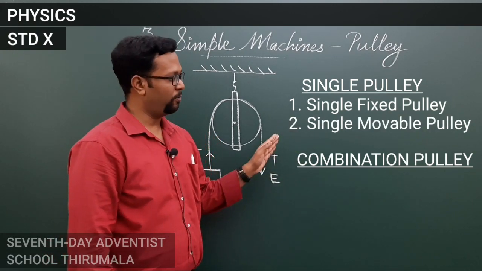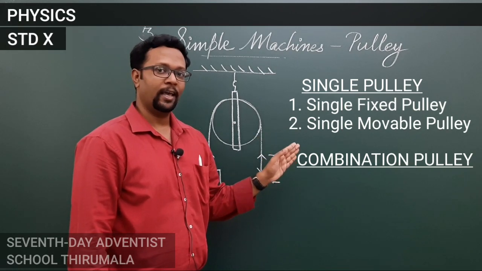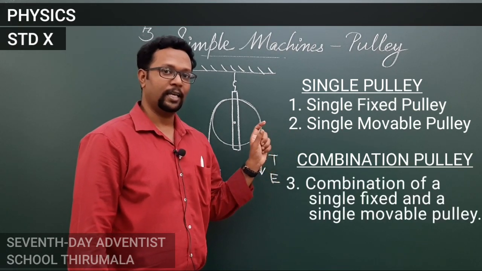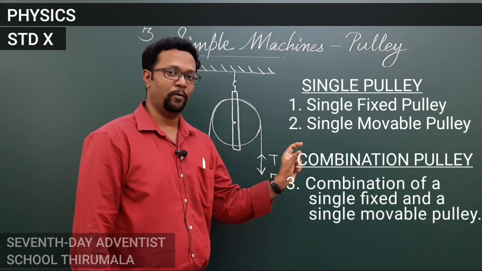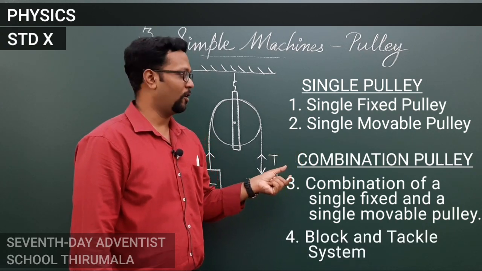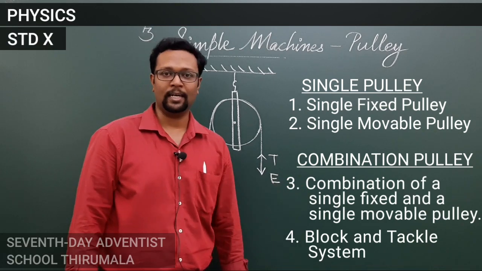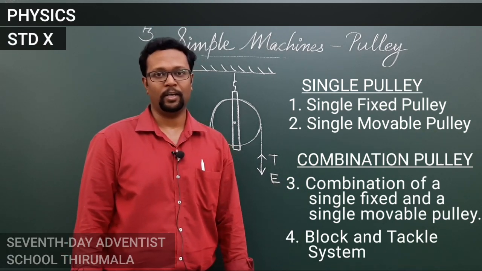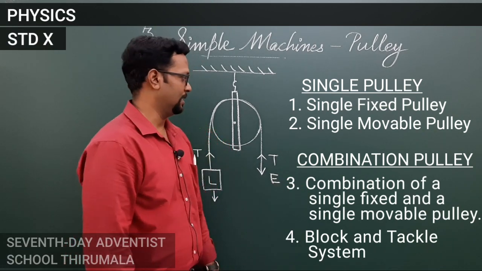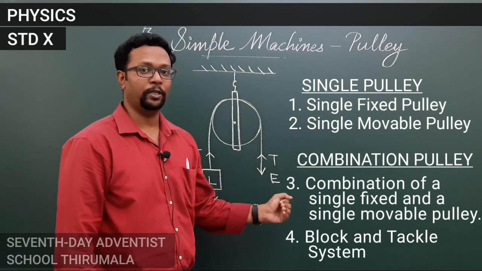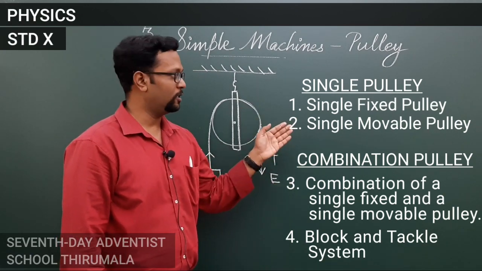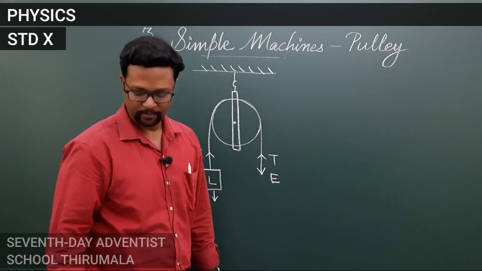A combination of pulleys can be a combination of a single fixed and single movable pulley, or it can be a combination of multiple pulleys, which we call a block and tackle system. So now we will go into detail for each of these types of pulleys.